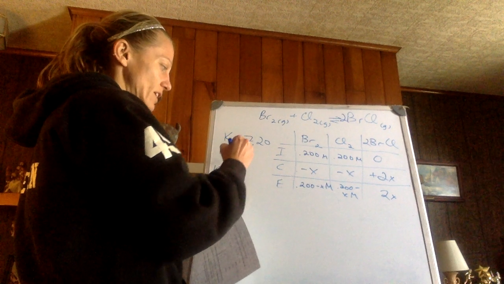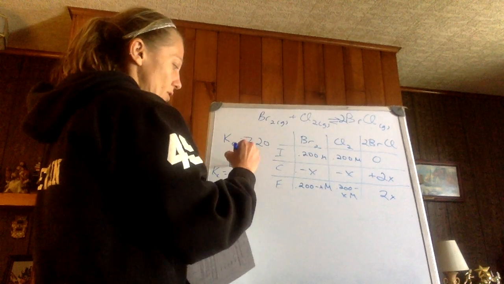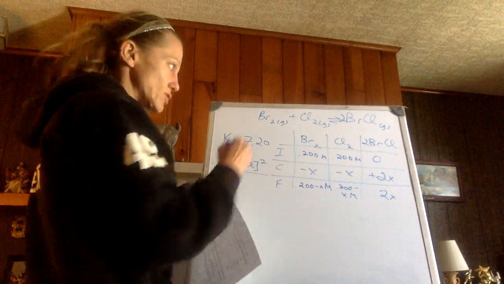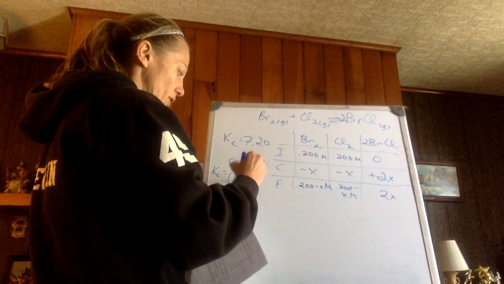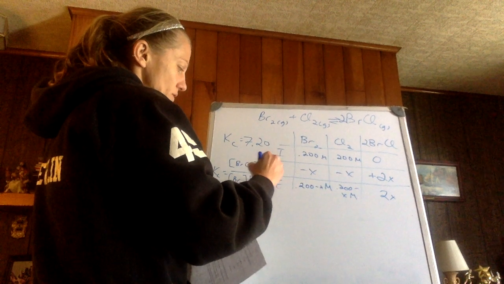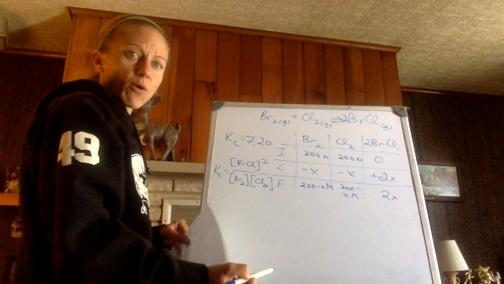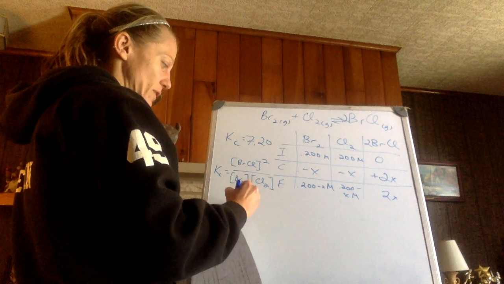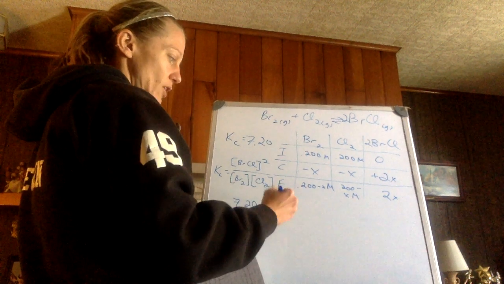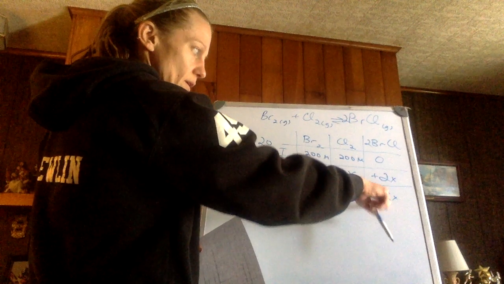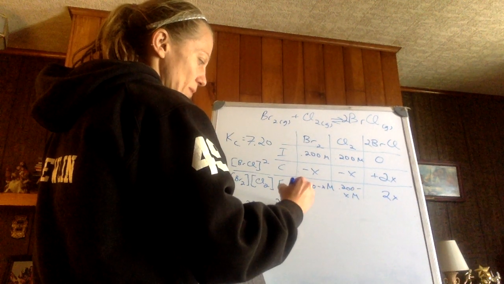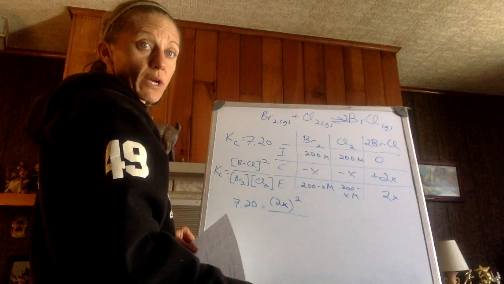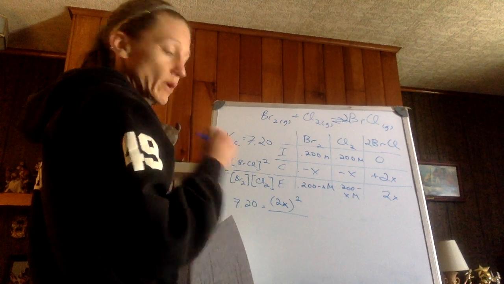If I write Kc, BrCl on the top, and it's squared because of its coefficient, Br2, Cl2 there on the bottom, and that's the equation I'm going to use with these. So I'm going to do 7.20 equals 2x on the top, but when I put it in, it's 2x squared, because it's squared there.